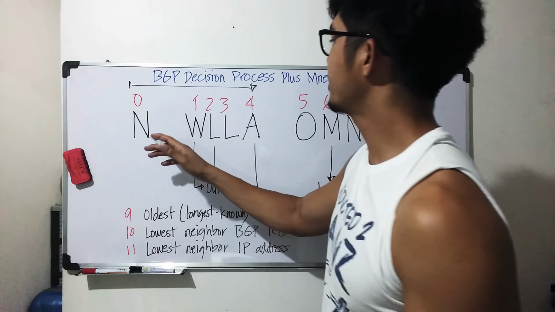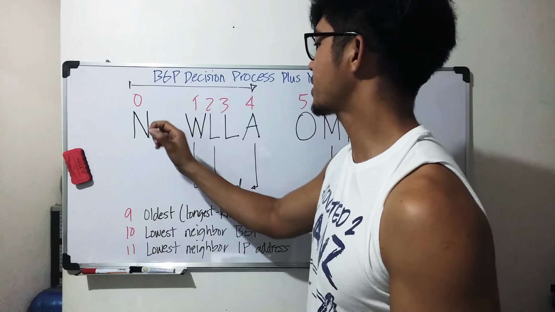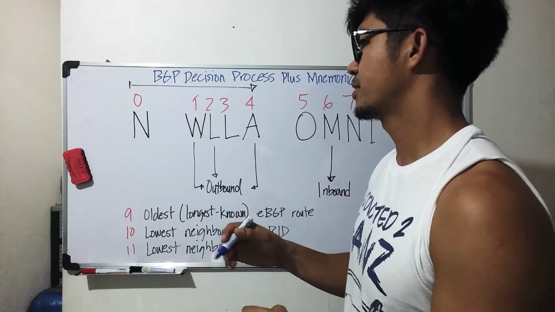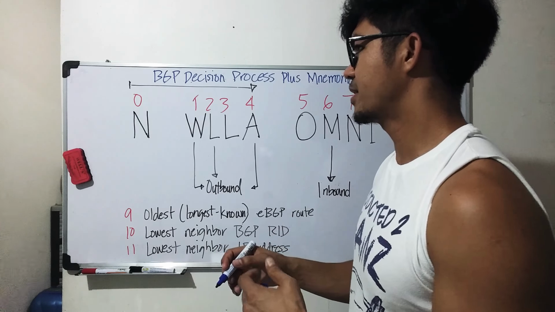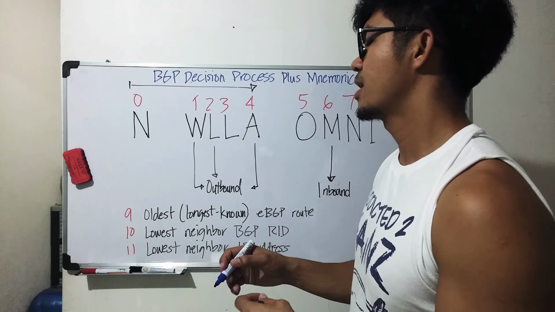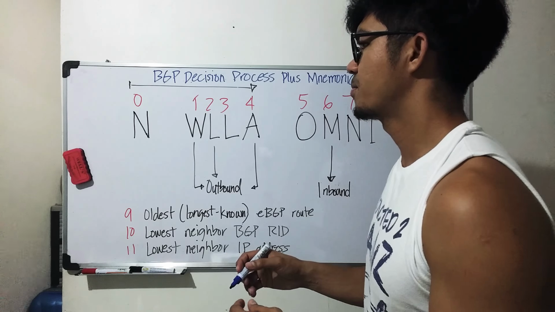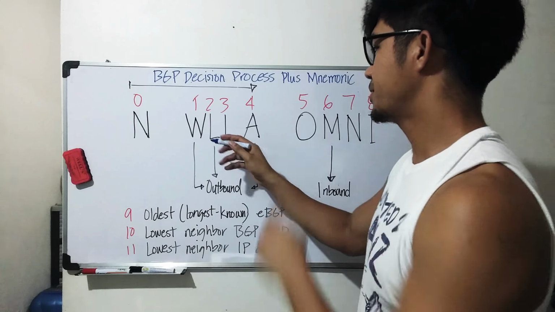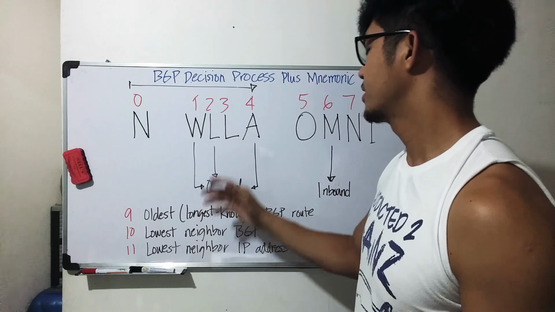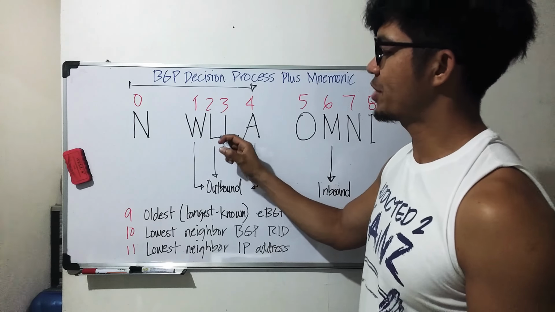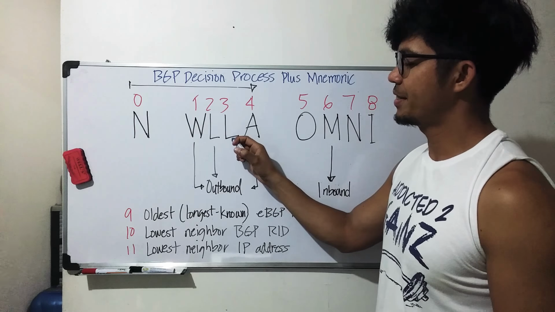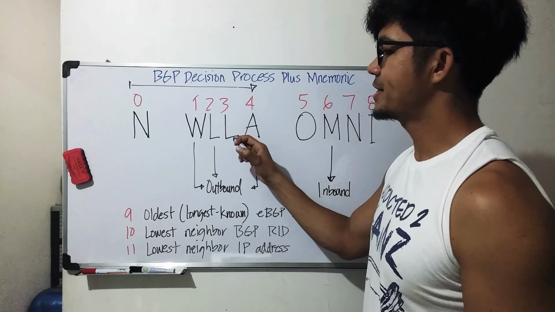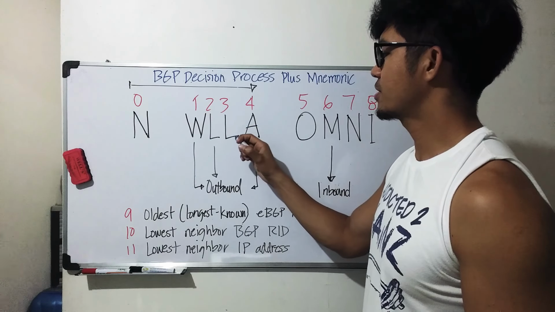So N is next hop, the next hop that the router checks to see if that route has a valid next hop or not. W is wait. First L is local pref, and this L is locally injected routes.